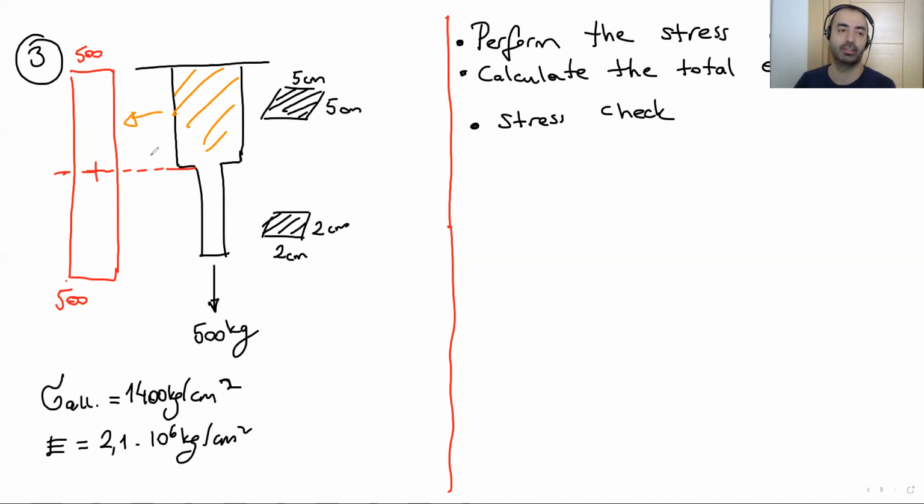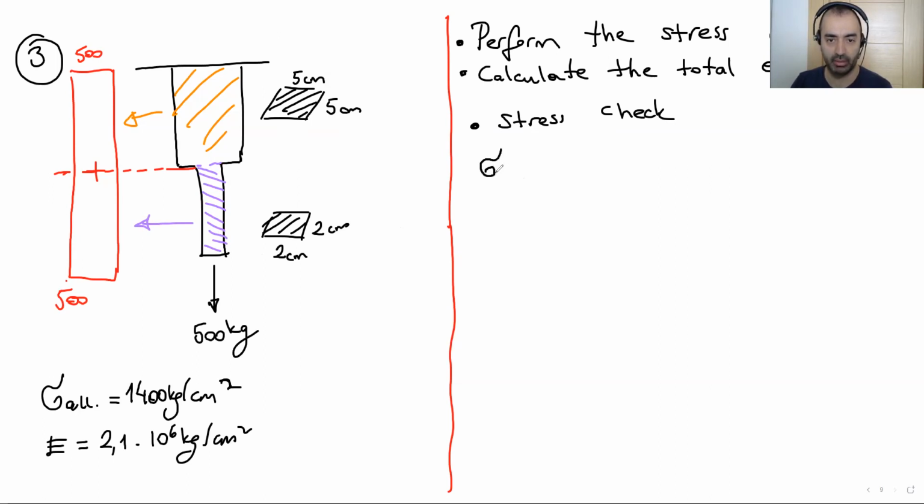That's why please draw the axial force diagram and see what you have in that portion. Or the other portion is this one, and you can see here we have again 500 kilogram. Okay, in first and second portions we can perform the stress check.